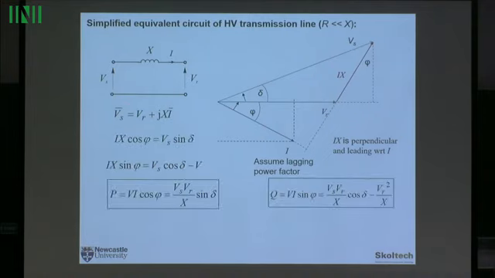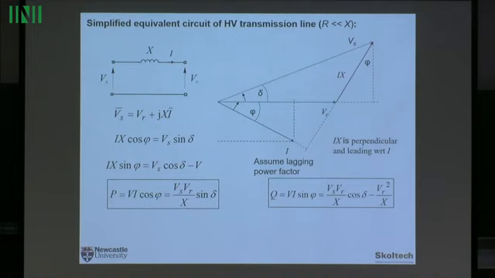Just solving the simple triangles, Ix cos phi, which is the perpendicular element from the small triangle, if you look at the big triangle, is equal to Vs sine delta. While Ix sine phi, which is this one, from the big triangle, is equal to Vs cos delta minus VR. So we have two equations.